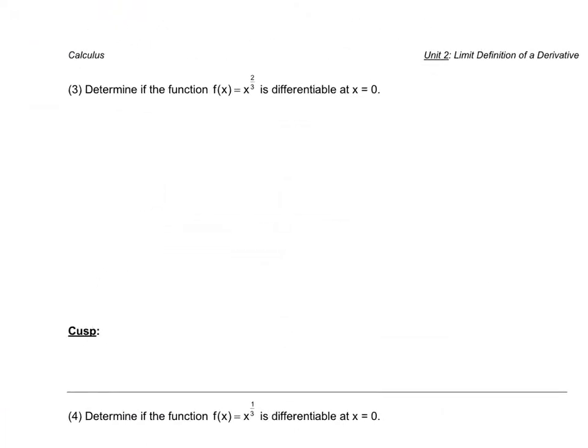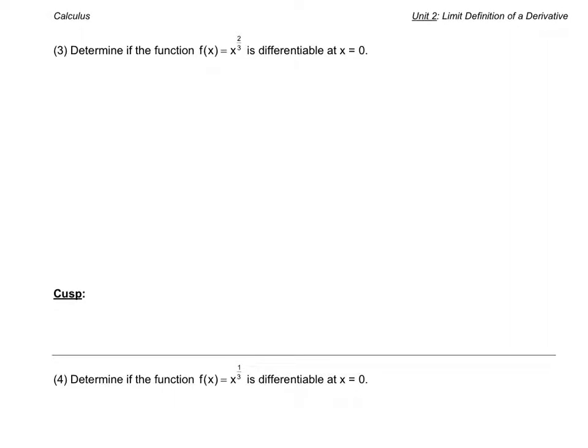All right. A cusp happens when you have a single graph, a single equation that has a point, right? So a single equation that comes to a point, so we could define that immediately. Single equation or function, I'll say.